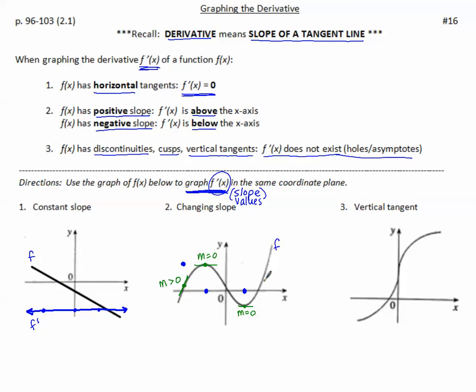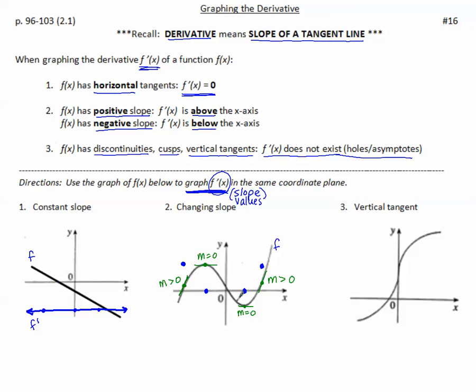Similarly, over here, if I were to pick any point past this horizontal tangent, this also has a slope greater than 0. So it should also be a point above the x-axis. Now this slope looks the same as this slope, so I'm going to plot this f prime value at the same level as the other.